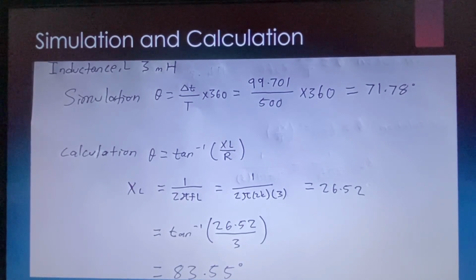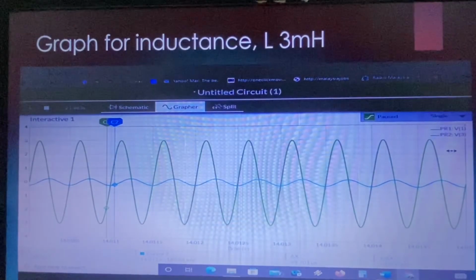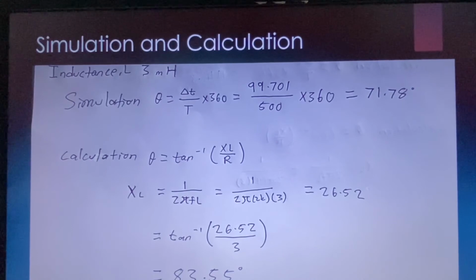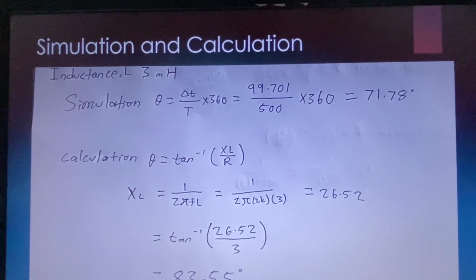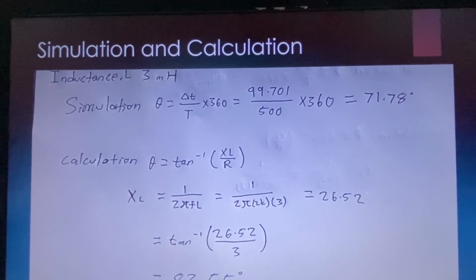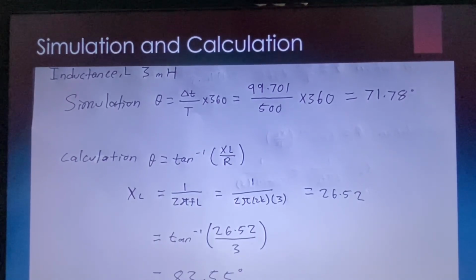As you can see, that is the value I get from my graph: 99.701 over 500 microseconds times 360 degrees, so I get 71.78 degrees for simulation. And for calculation, I use the formula inverse tan of XL over resistor R.